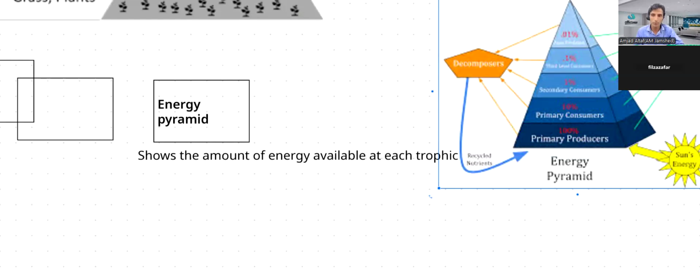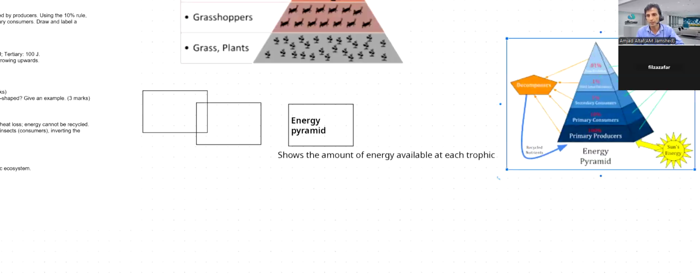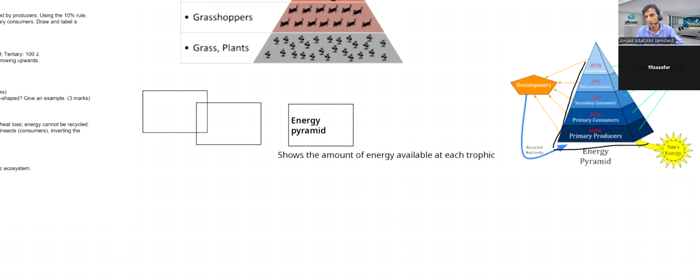So in the energy pyramid, you have the most energy at this level. That's why it is broader here. Then you can see this pyramid is getting narrow as it moves up. We have the producers first, then consumers, then secondary consumers.